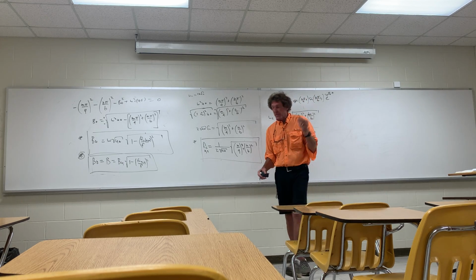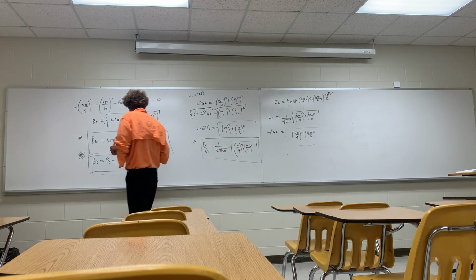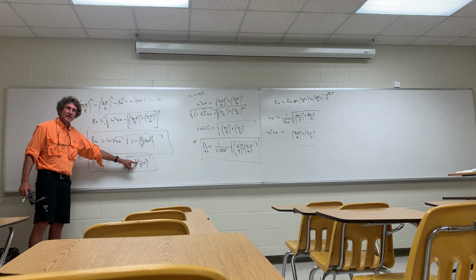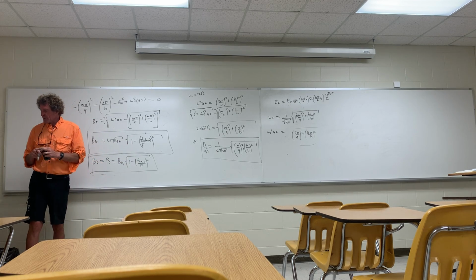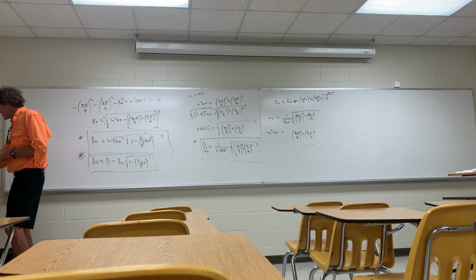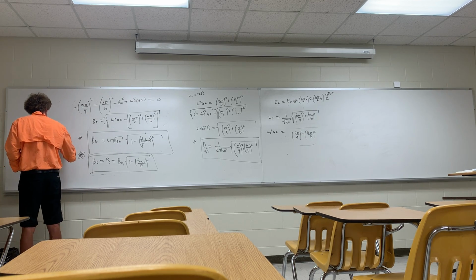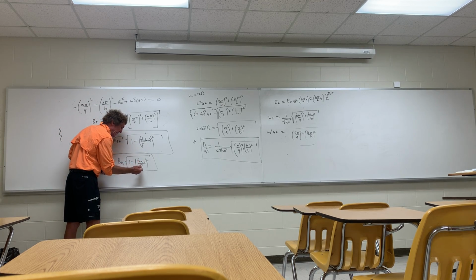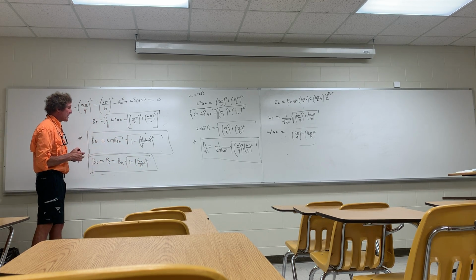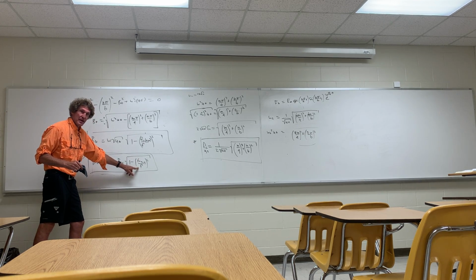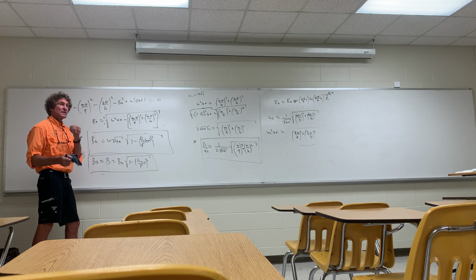Now, the thing about this is, f here has to be greater than f_c for propagation. Try to make sense of this. When you look at this, f has to be greater than f_c, which makes this less than 1. Do y'all see that here? 1 minus something less than 1 is still positive.